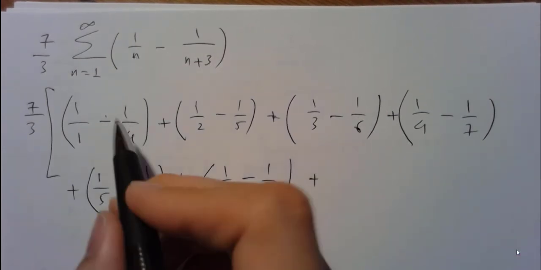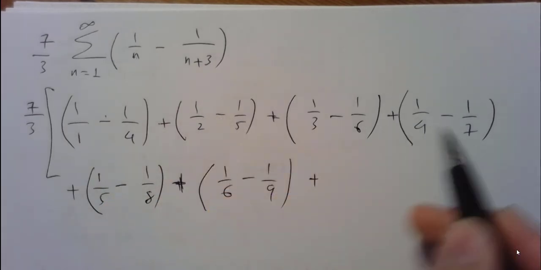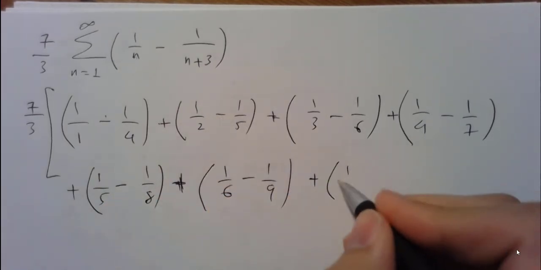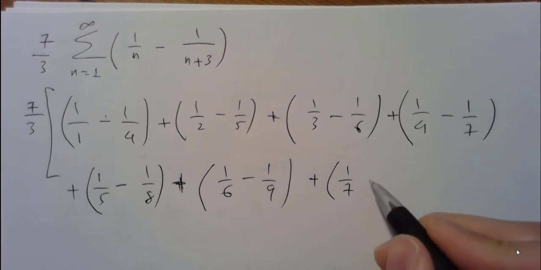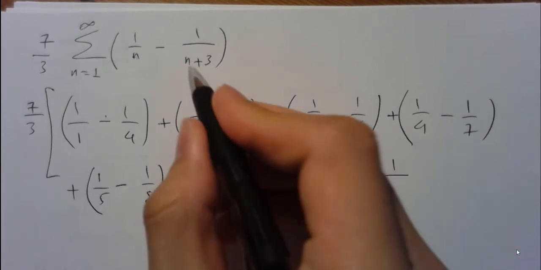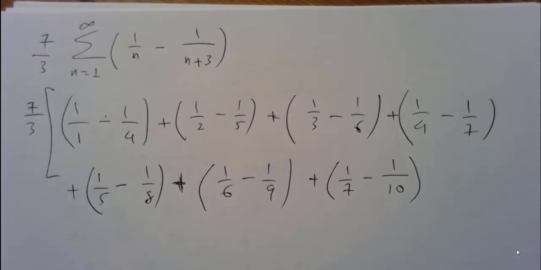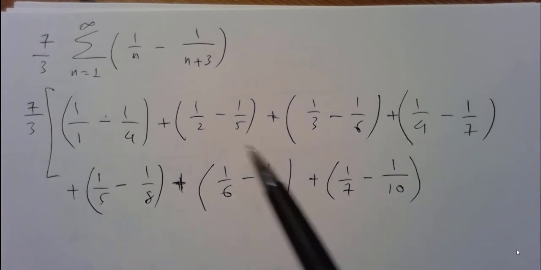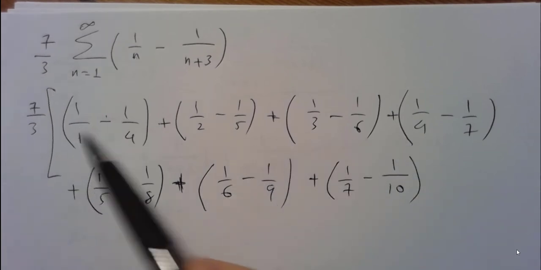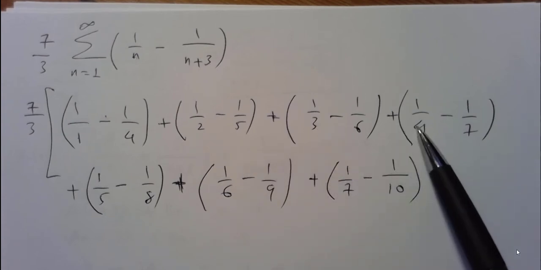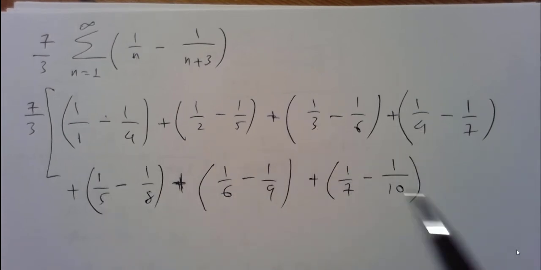Just keep going. n equals 1, 2, 3, 4, 5, 6. How about 7? 1 over 7 minus 1 over 7 plus 3, that is 10, right? So you see that this is 1, 2, 3, 4, 5, 6, 7, and keep going.